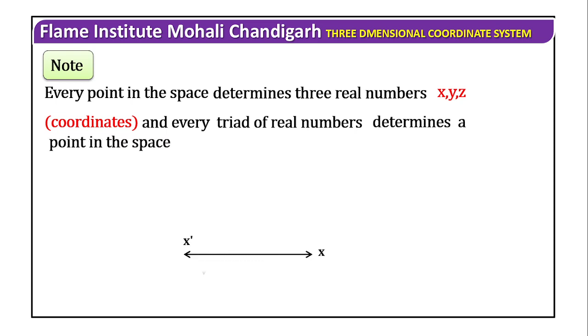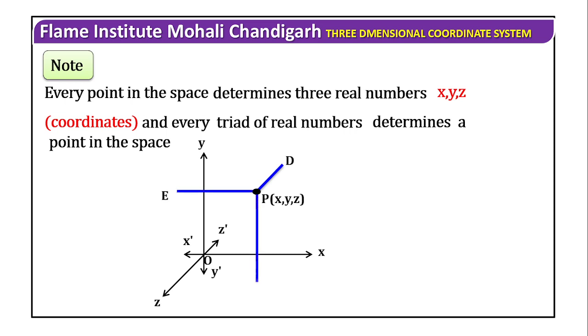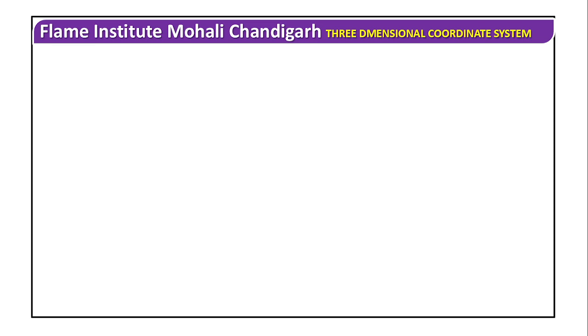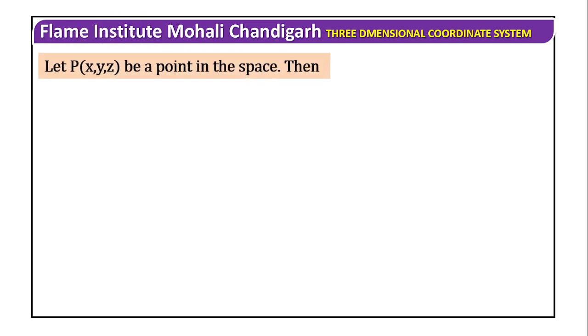Now let XOX', YOY', ZOZ' be the coordinate axes. Let P be a point (x, y, z). Let D, E and F be the points, and B, A and C the other points.